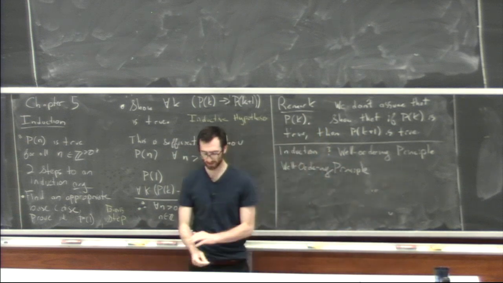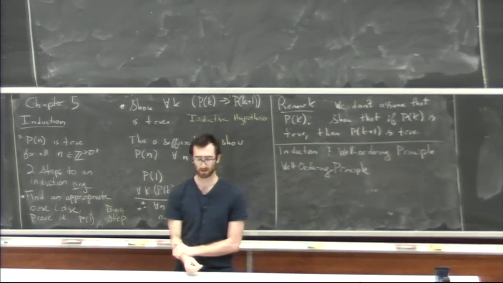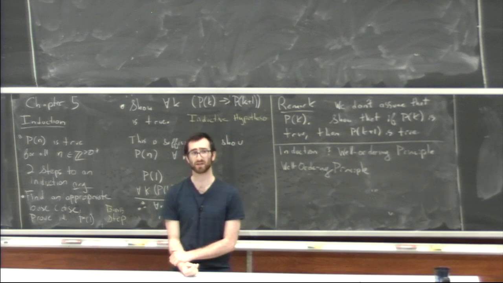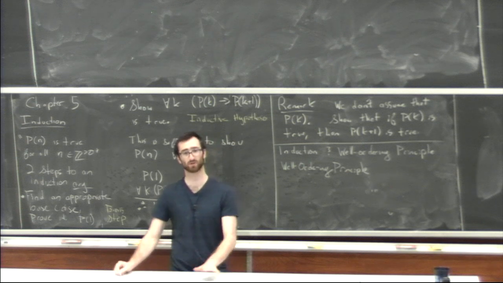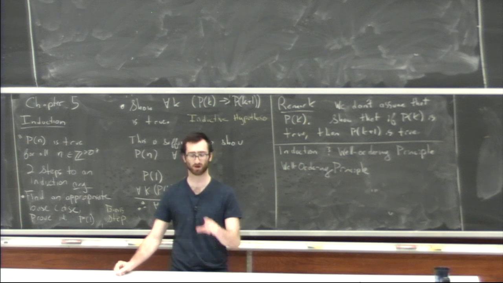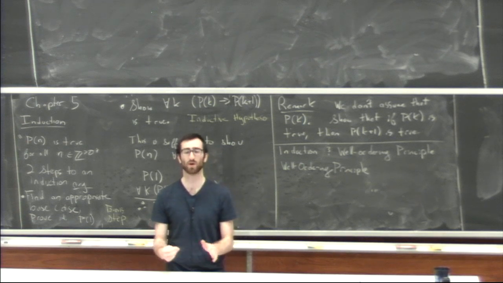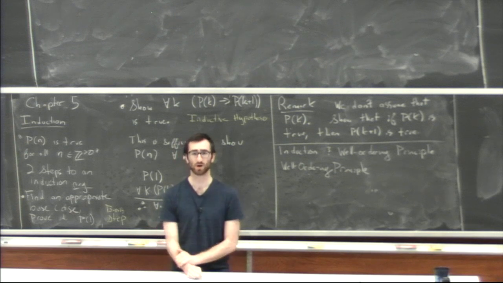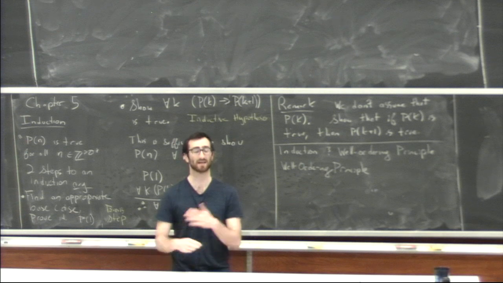So the well-ordering principle is a property of the positive integers, and we take it as an axiom. That is, in our current naive set theory way of working with the integers, we are going to take this as a hypothesis.